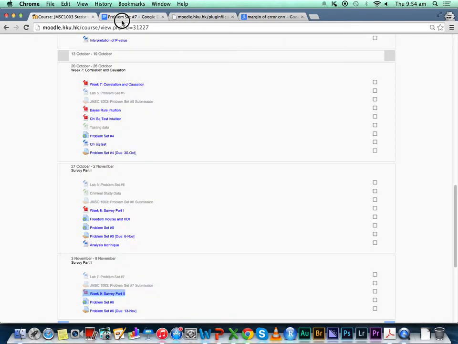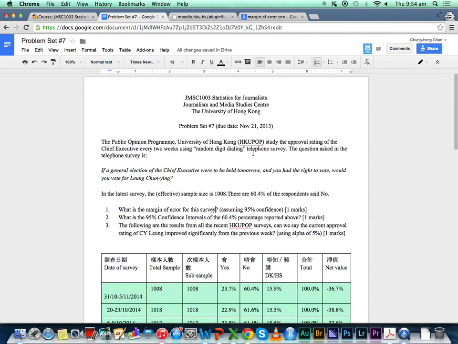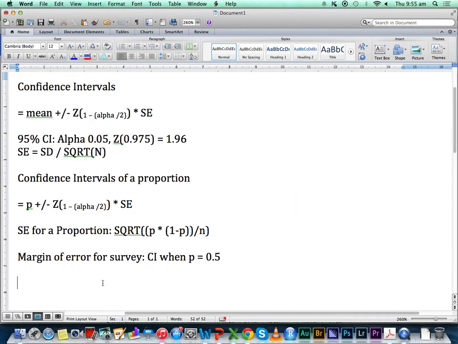In the question, it tells you the sample size is 1008. Actually, in order to calculate the margin of error for a survey, all you need is the sample size. So you just plug in the numbers: 0.5 plus or minus 1.96 times the SE. You will get the answer.